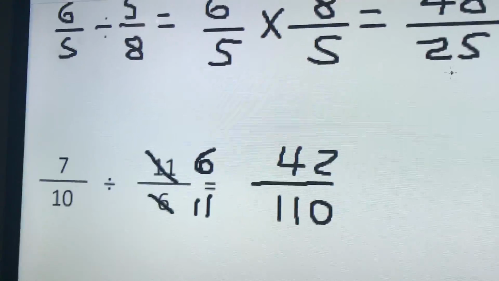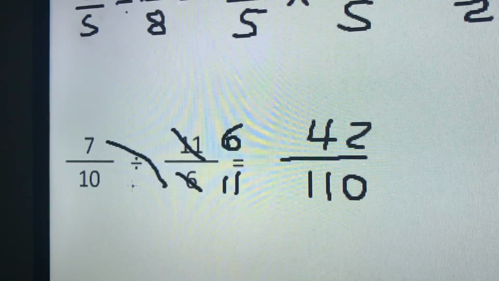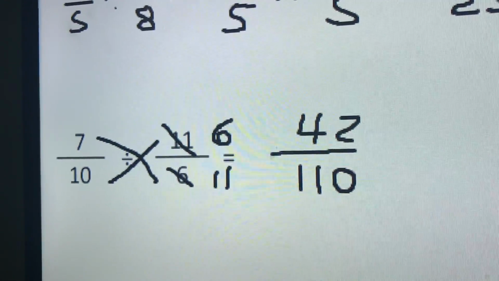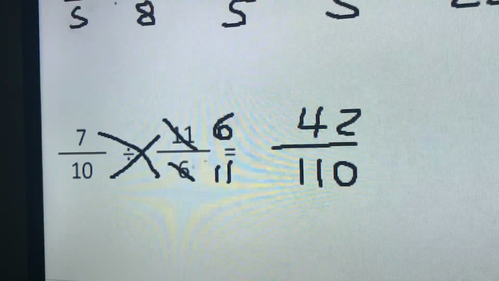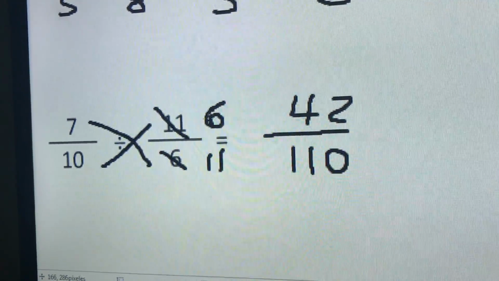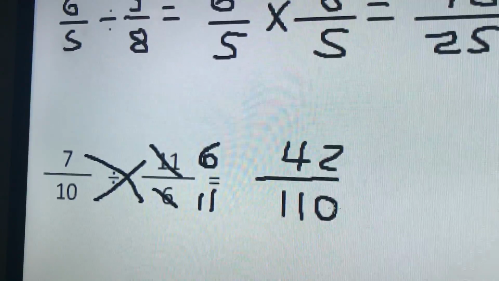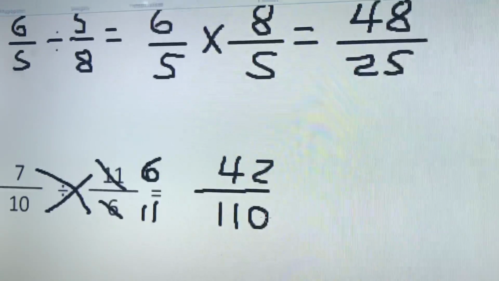Or you can do it like always, like this. 7 times 6, in which you do the cross, and it gives you the same number. 7 times 6, 42, and 10 times 11 is gonna be 110. Yes, you see, it's very simple. It's just the same thing.